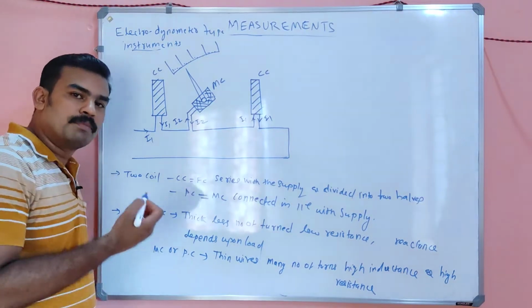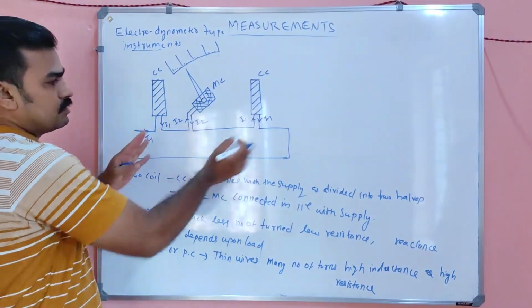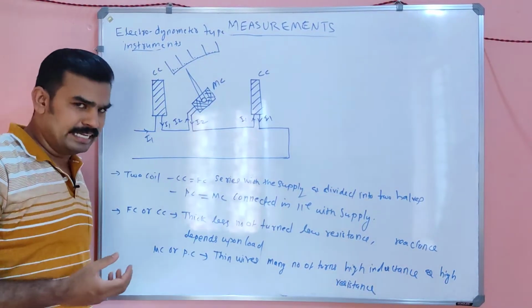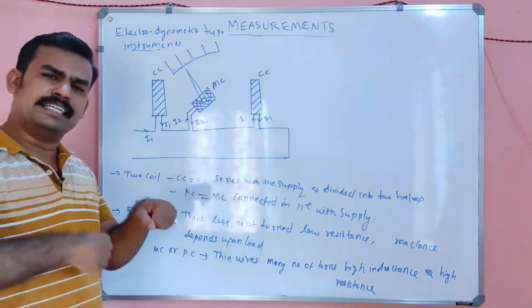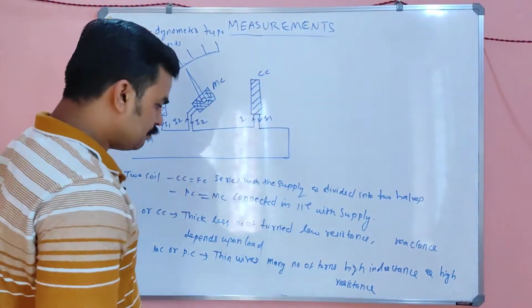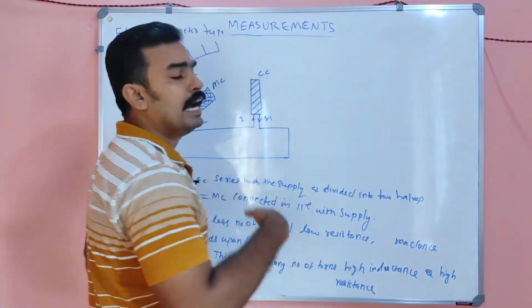The moving coil or pressure coil is directly connected across the supply, and it is moving in nature, so it is very light and contains a large number of turns, and it is highly inductive.